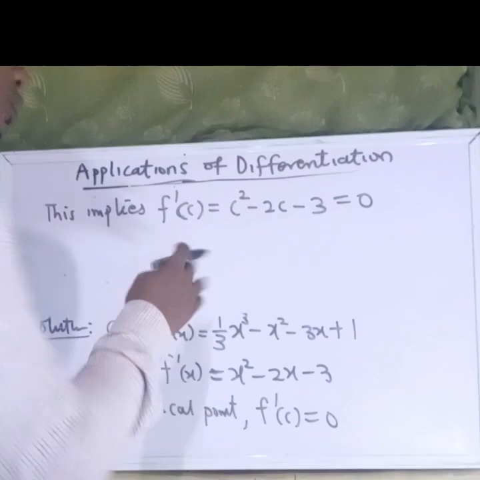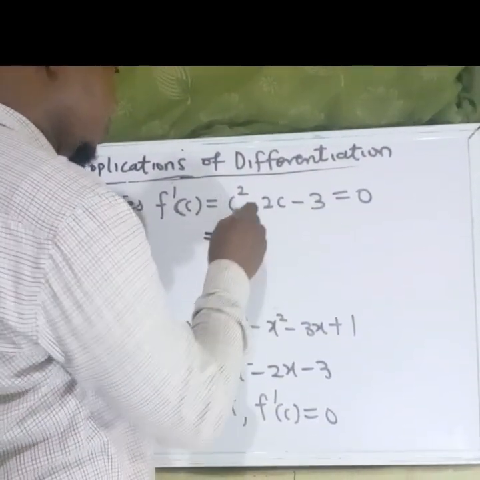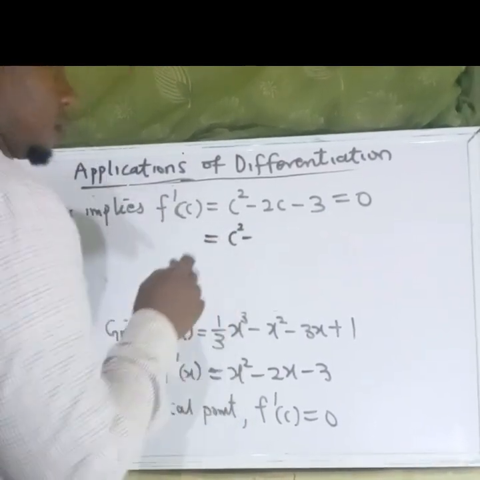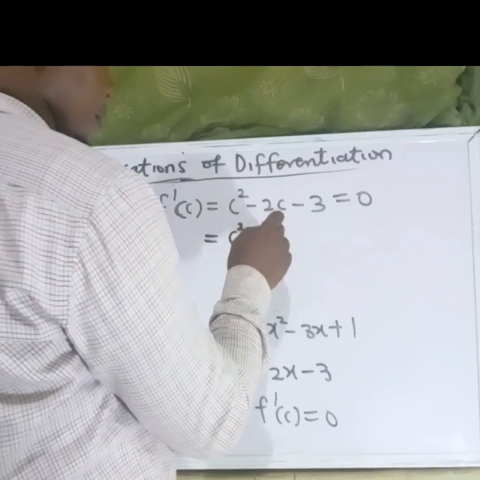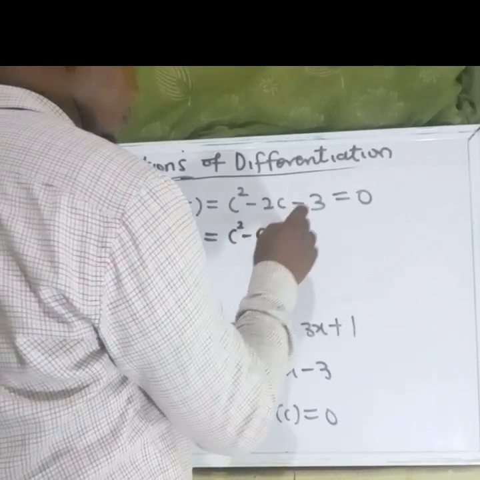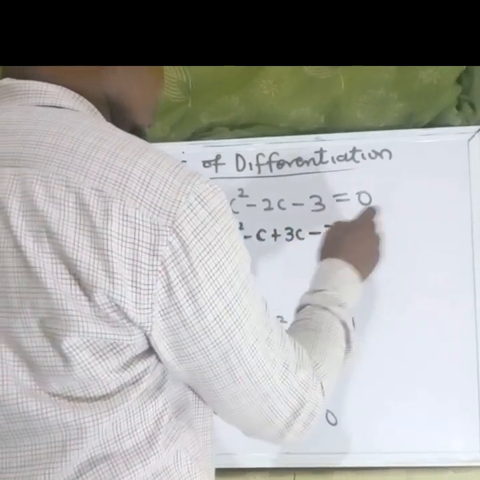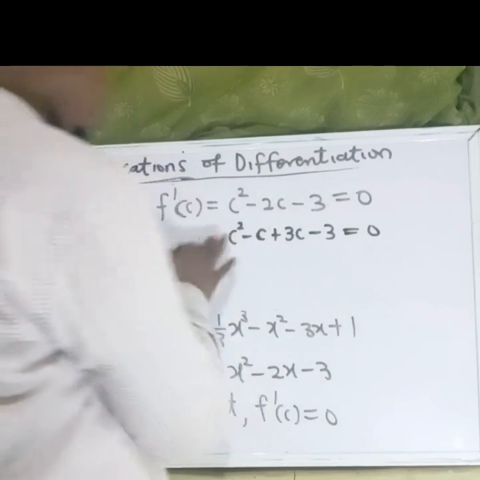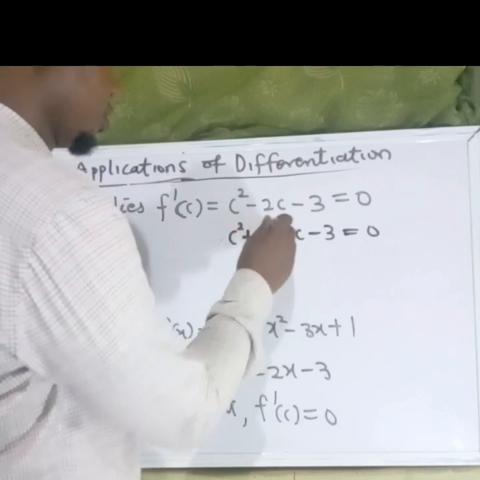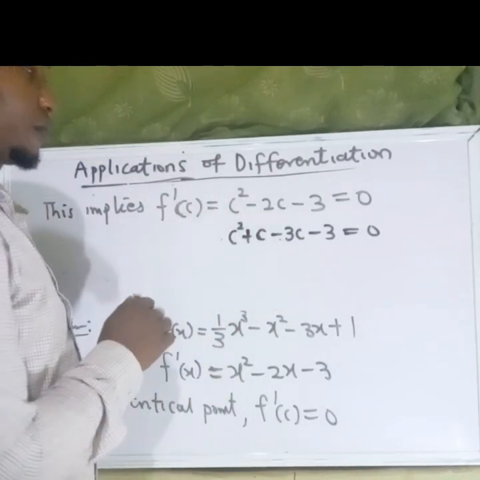So using the factorization method, this will be equal to c squared minus c plus 3c. Okay, sorry, this will be positive, this will be negative, so this gives us negative 2c.